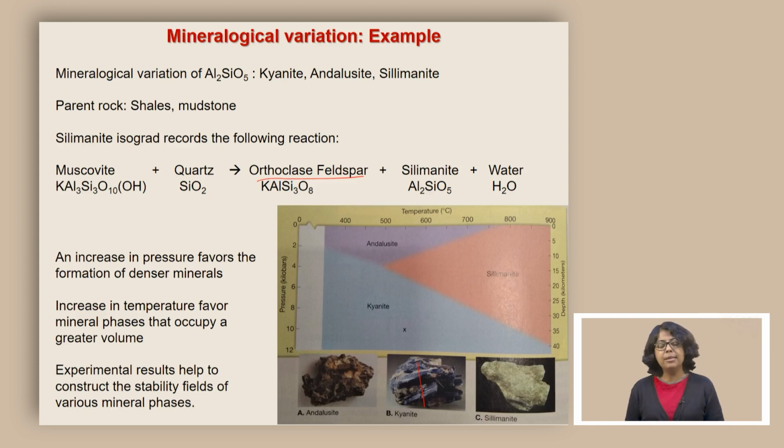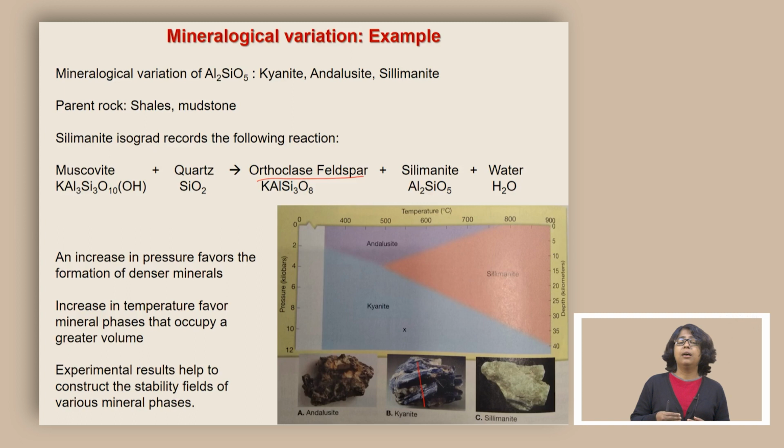So, a priori it is not possible to predict how a mineral is going to stabilize with increasing pressure and temperature, because by theory we can predict increasing pressure will favor those minerals which are denser, but at the same time increase in temperature will favor those minerals which have greater volume and hence less dense. So, how do we figure out which are the minerals that are going to be stable at a certain depth?